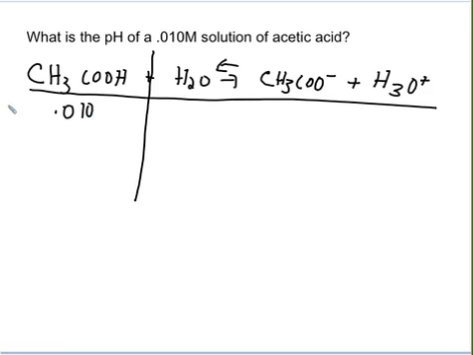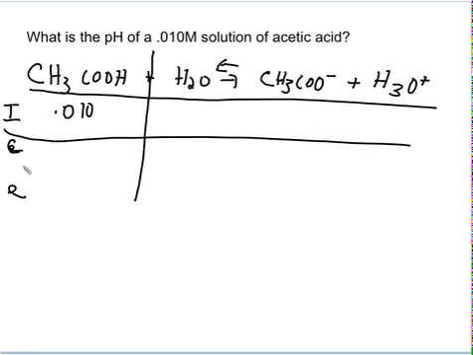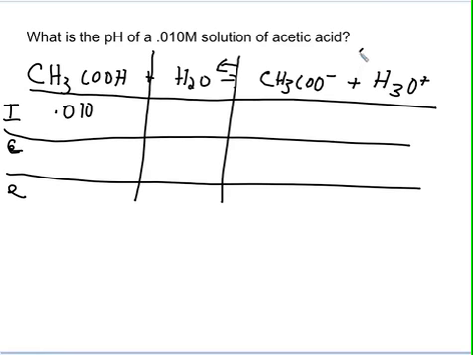So you've got to do an ice table. Make an ice table with I, C, and E. When you mix this with water, some of this is going to decrease. We don't know how much it's going to go down by, but we know it's going to go down by minus x.